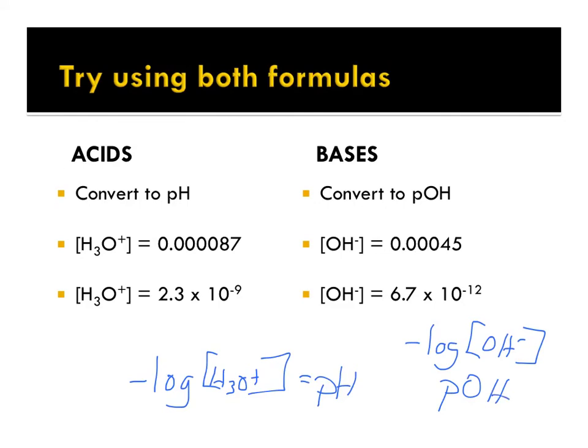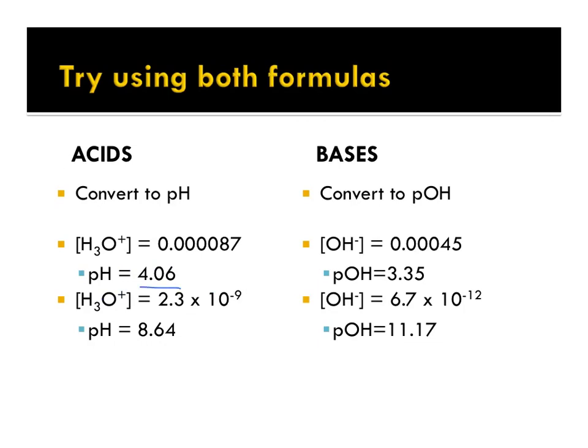All right, so doing these, we are just going to do the negative log of 0.000087, for the next one, negative log of 2.3 times 10 to the negative ninth. Putting these in, we get answers. So 4.6, 8.64, 3.35, and 11.17.